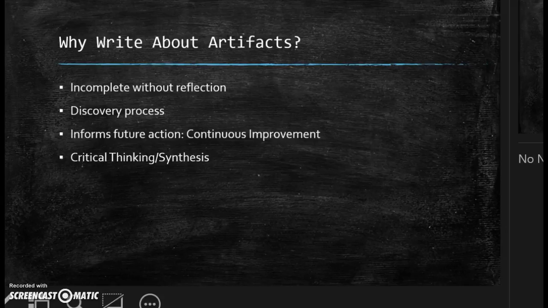There may be learning, and I'm sure there is learning, that is not included in what the instructor discovered. So this is your opportunity to think about it. It is a discovery process, and it informs future action. So, Ms. Fraley, what do you mean by this?